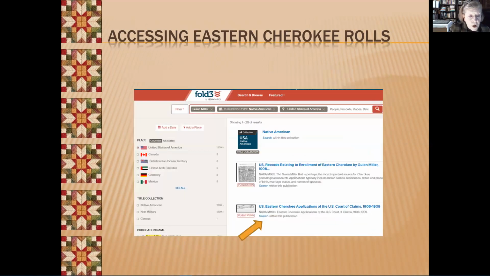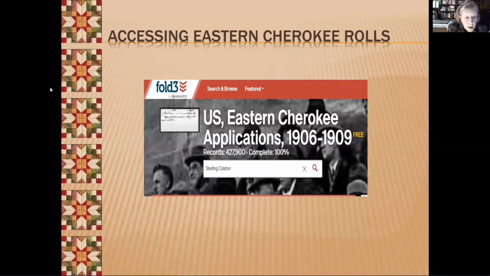But once you click on that, both the index, which is the records relating to enrollment, and then the actual application will come up right here. And once you click on that, then you'll see the Eastern Cherokee applications.